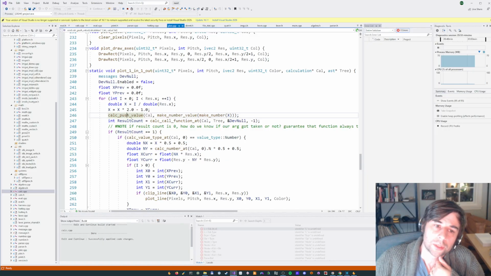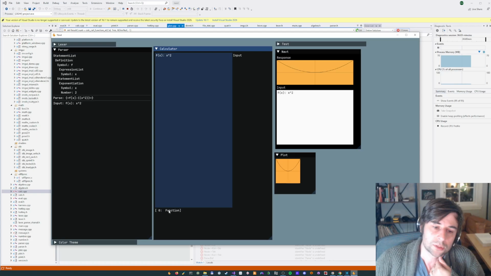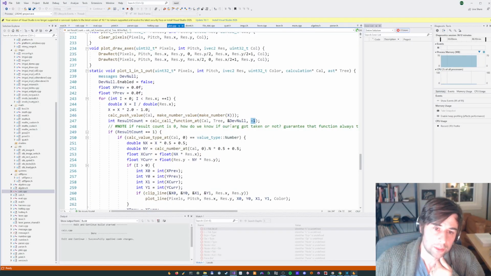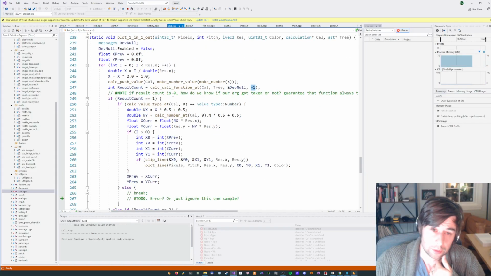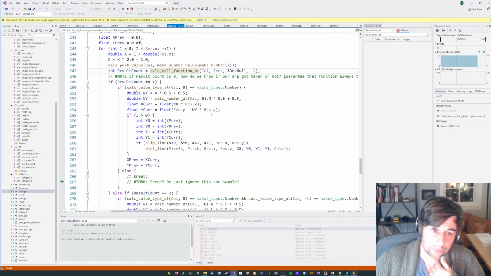Lua lets you push a value onto the stack and then call the function, which is at position -1 on the stack. Right now a function is at the top of the stack. If you push something on top, which is the argument, you call the function and that pops off the value. I think in Lua it also pops the function off, but I keep the function.